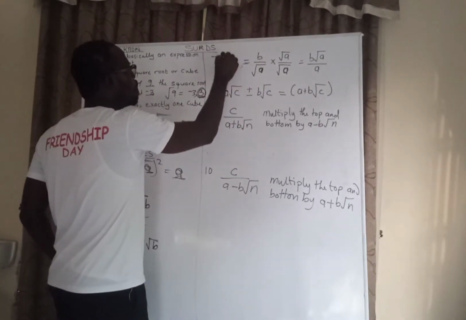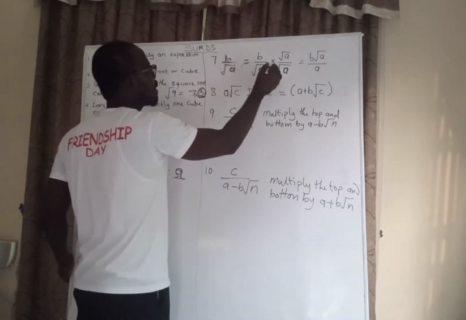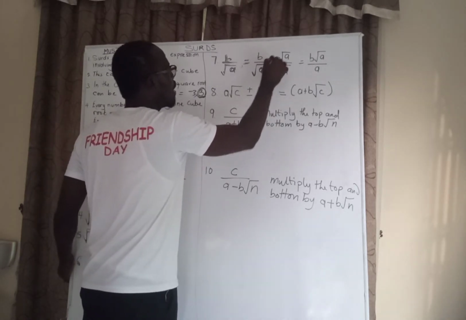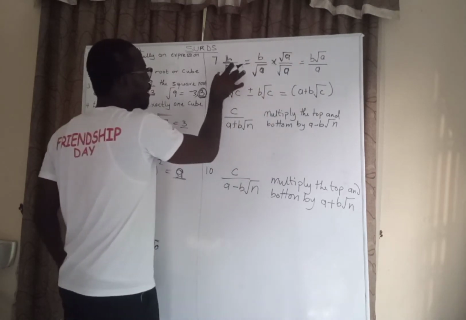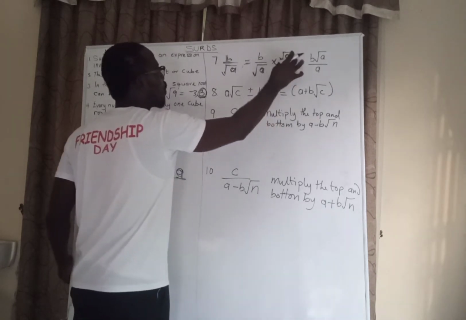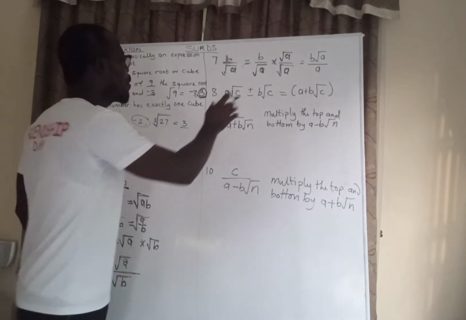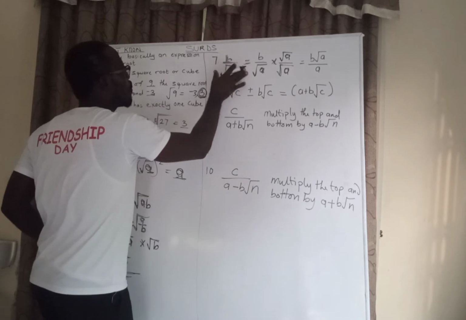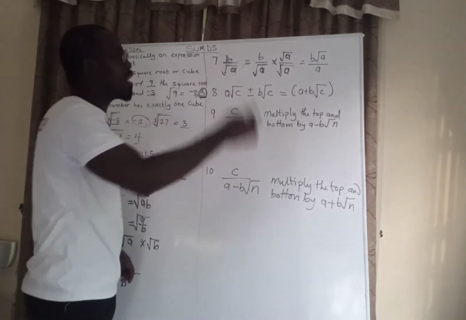Okay, so b over the square root of a, we can write it as b over this times this one here, and then the same expression here: the square root of a over the square root of a. Why are we doing this? We want to find a solution to this so that we can rewrite this expression in another form.